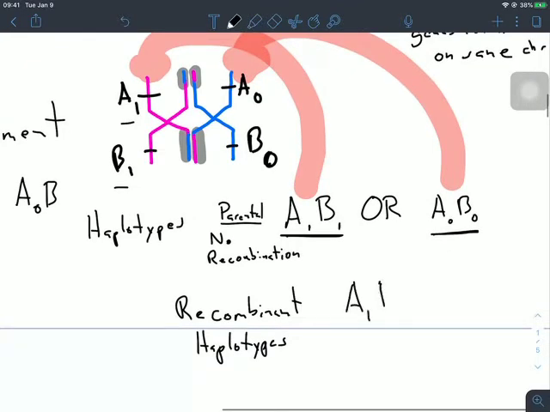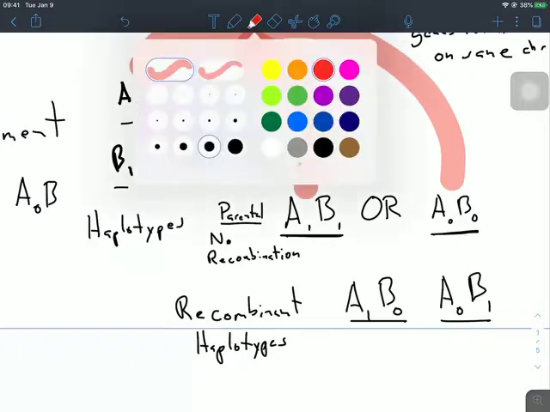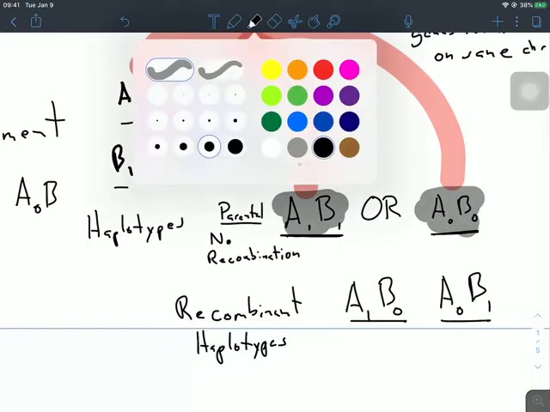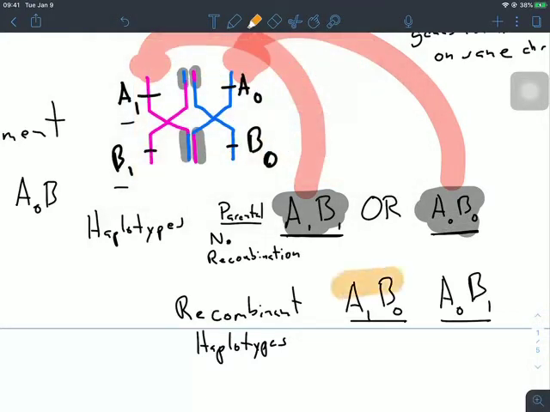A1 paired with B0, and A0 paired with B1. So in black, we have our parental types, and in orange, we have our recombinant types.